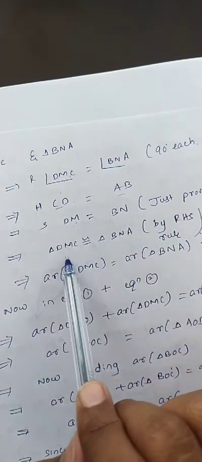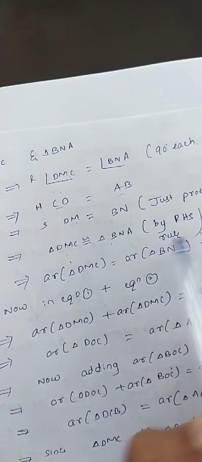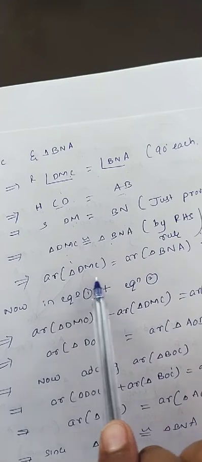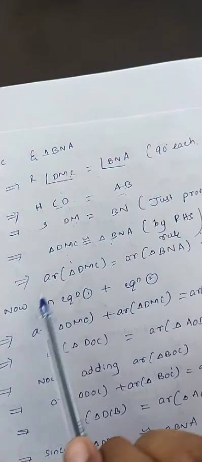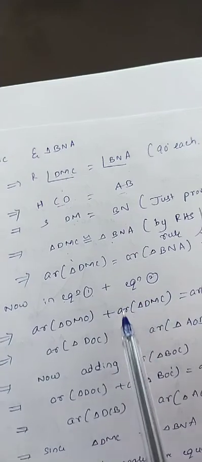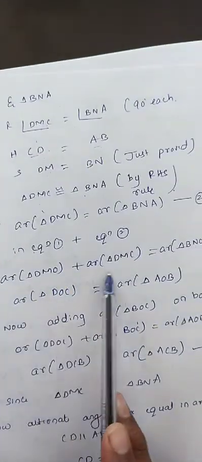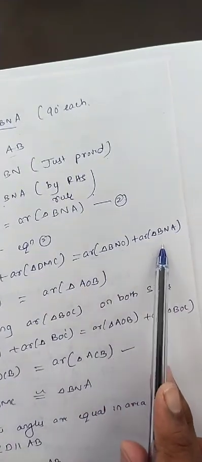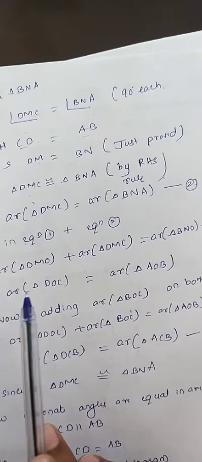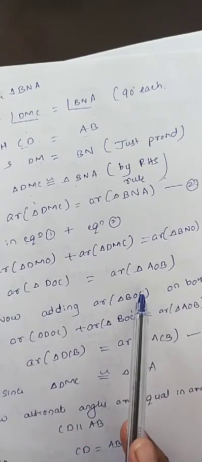This means triangle DMC is congruent to triangle BNA by the RHS rule. Again area of triangle DMC is equal to area of triangle BNA, so call this equation 2. Now equation 1 plus equation 2, we get area of triangle DMO plus area of triangle DMC is equal to area of triangle BNO plus area of triangle BNA. I get area of triangle DOC is equal to area of triangle AOB.